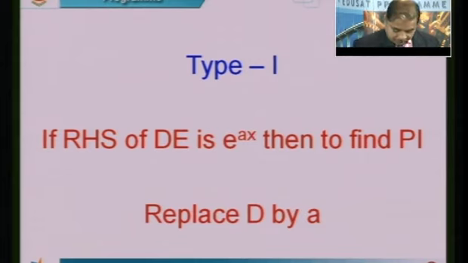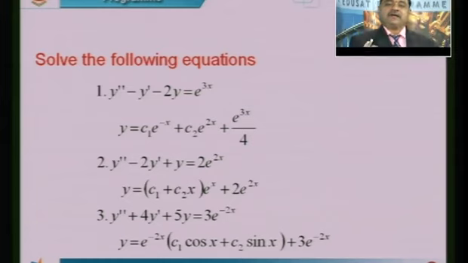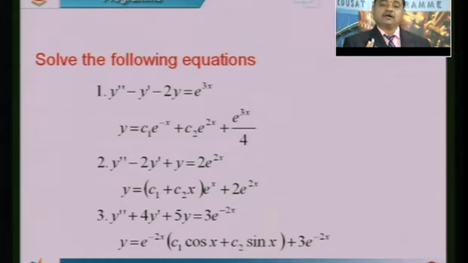Now, the main task, finding the solution of complete equations. Right hand side will also be there, left hand side will also be there. How can we find the complete solutions?